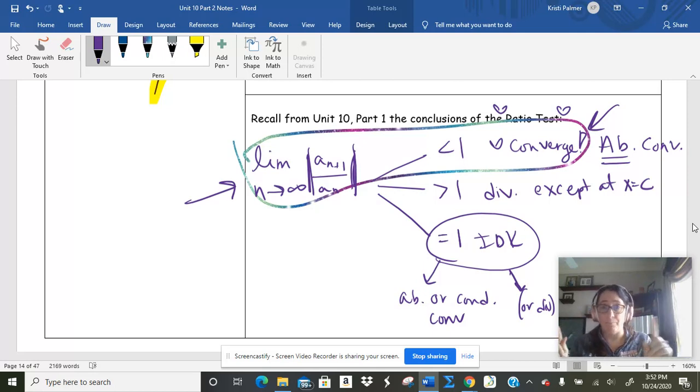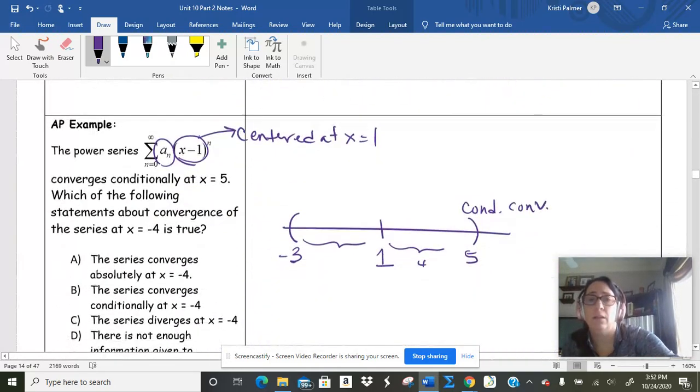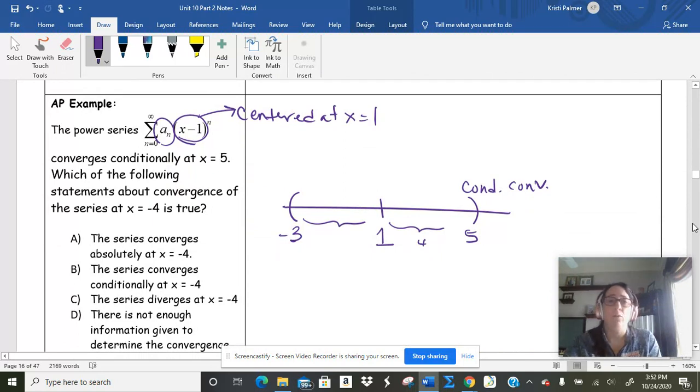They can do anything. So in this problem, it said that 5 was conditionally convergent. So that's why I almost slipped when I was saying it. 5 has to be an endpoint because endpoints are the only thing that can be conditionally convergent.